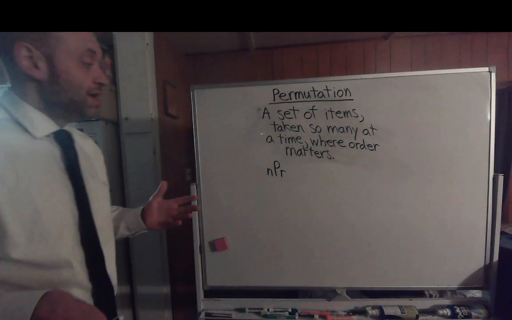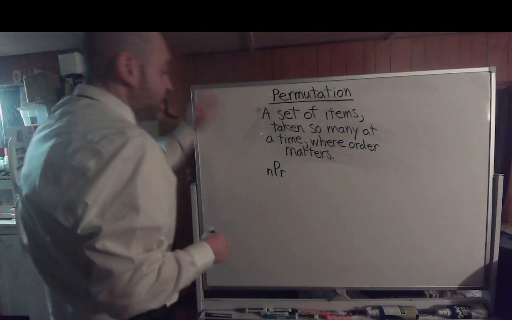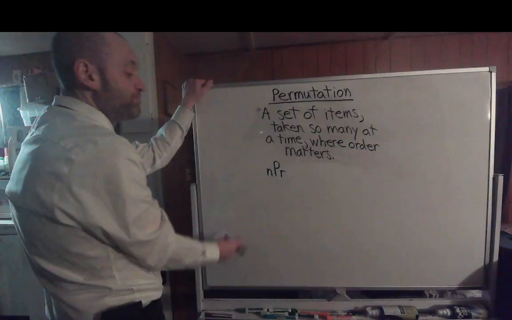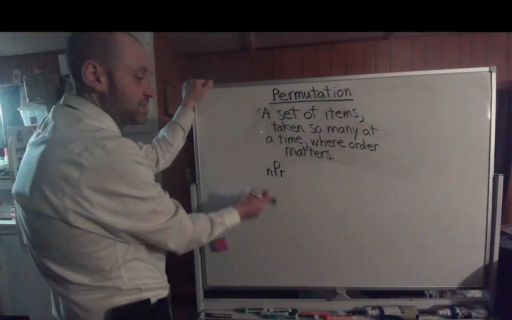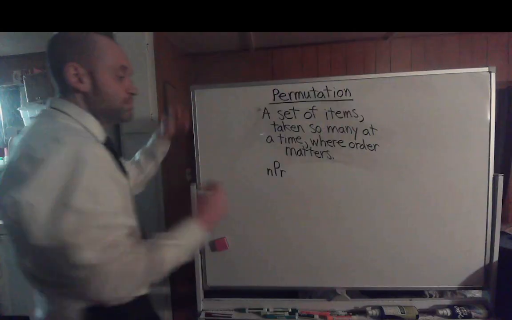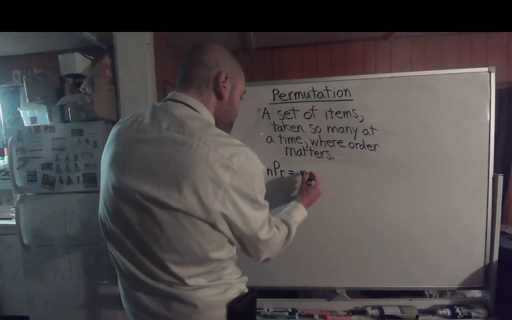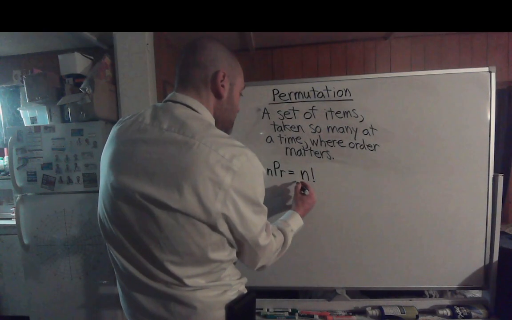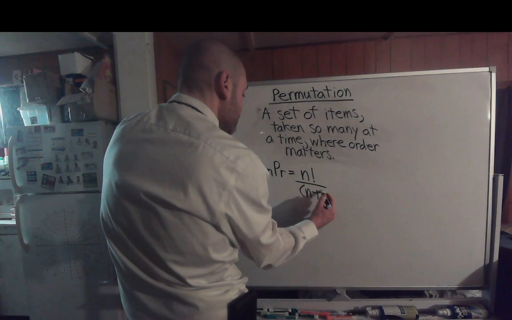So that's kind of ironic if you ask me, but a permutation is n things taken r at a time. So the formula for that is going to be n factorial all over the quantity of n minus r factorial.